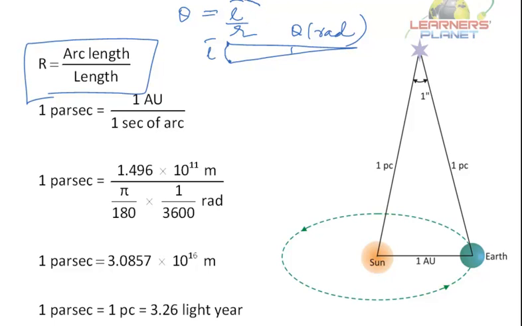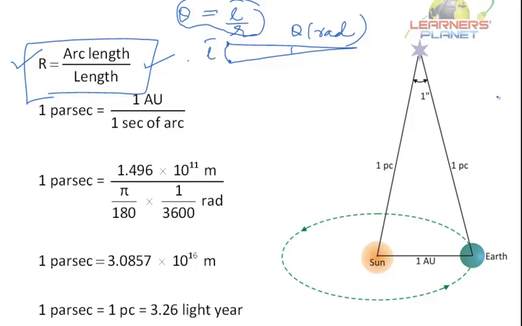Now if you use this equation wherein theta is in radians, and arc length and radius are in meters, then you can find out the radius to be equal to arc length upon theta, or the distance.